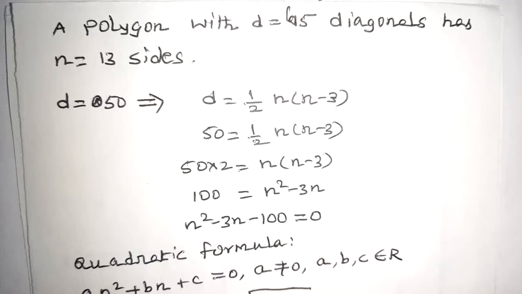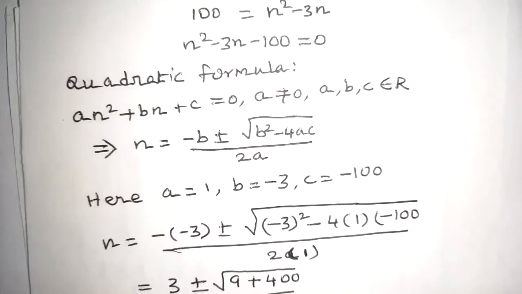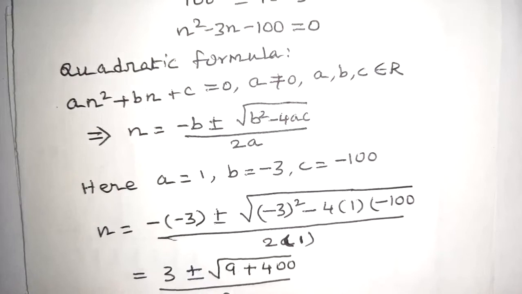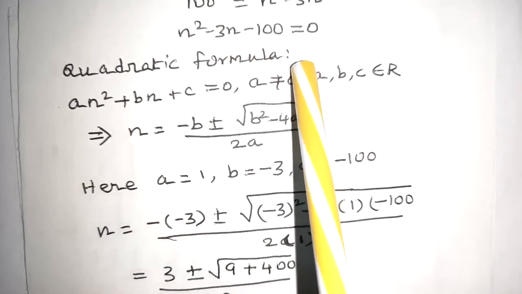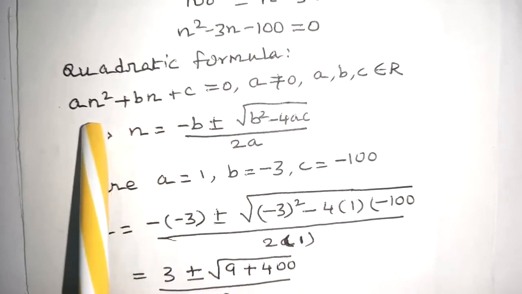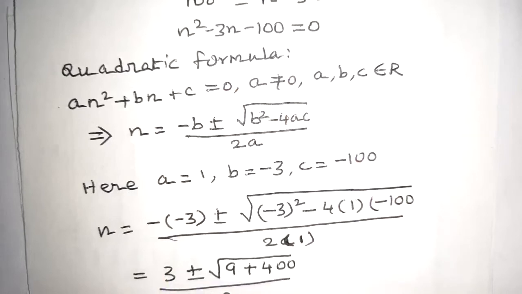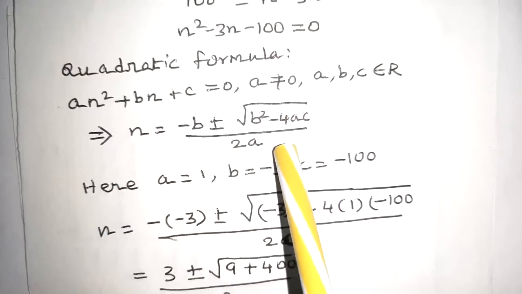Now we use the quadratic formula to solve this quadratic equation. Comparing with a n square plus bn plus c equal to 0, a not equal to 0, a, b, c are real numbers, we get n equal to minus b plus or minus square root of b square minus 4ac by 2a.